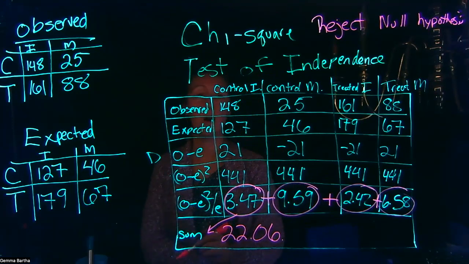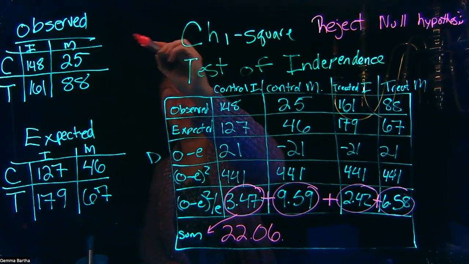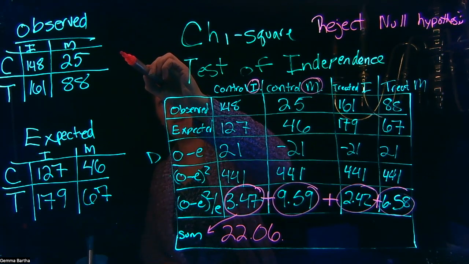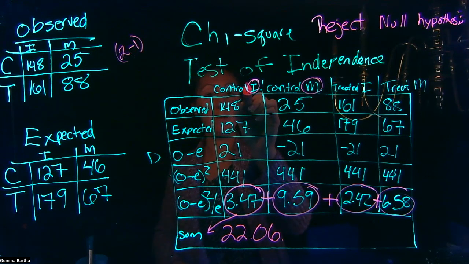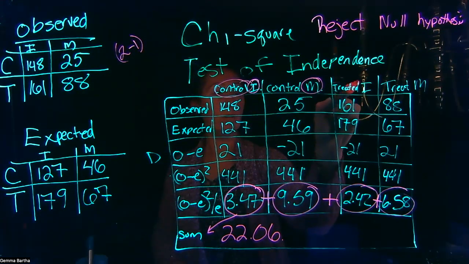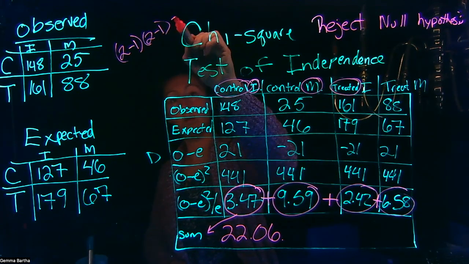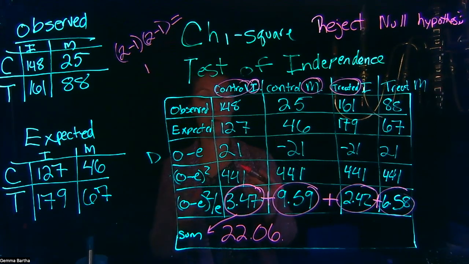Degrees of freedom are going to take the number of result categories minus 1, times the number of variables minus 1. So we have 2 variables, so 2 minus 1, and we have our control versus treated, so that's also going to be 2 minus 1, which gives you one degree of freedom.